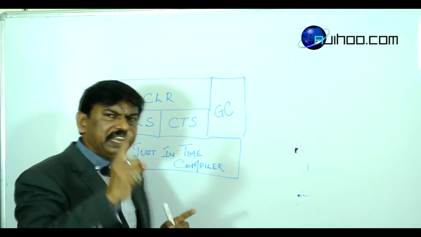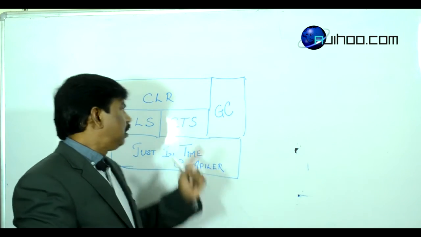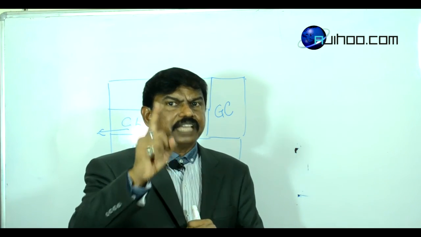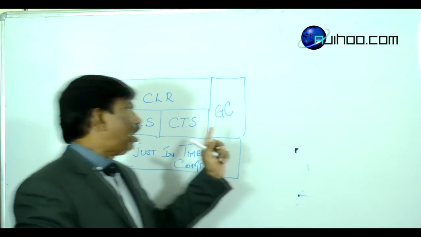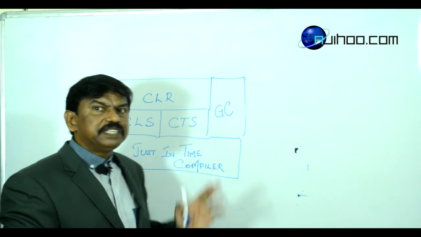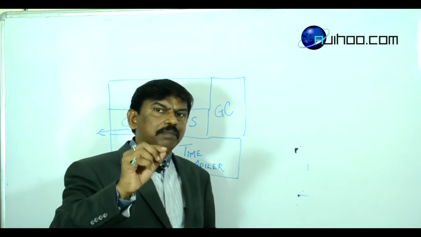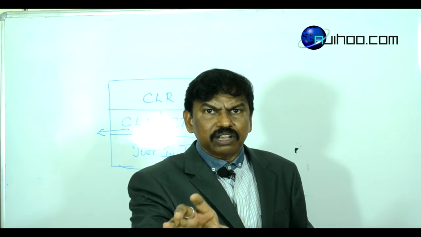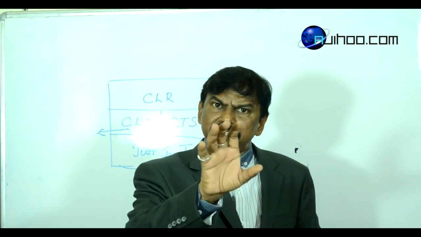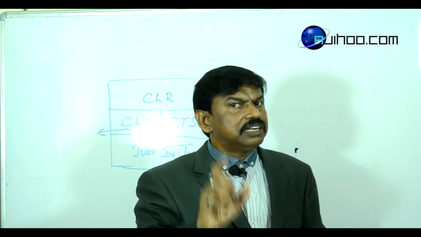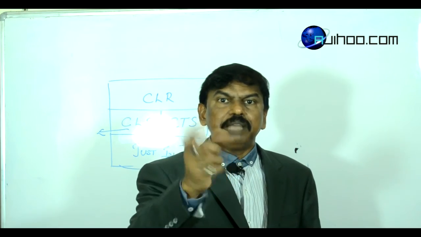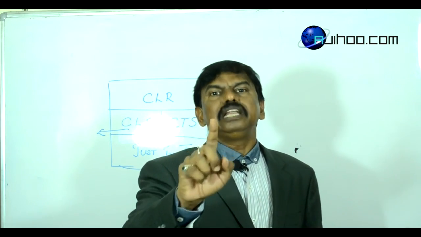And each and every language will have a data type. This data type can be understood by common type specification. The common language specification will understand the syntax of the language, and the common type specification will understand the data types used in any language.